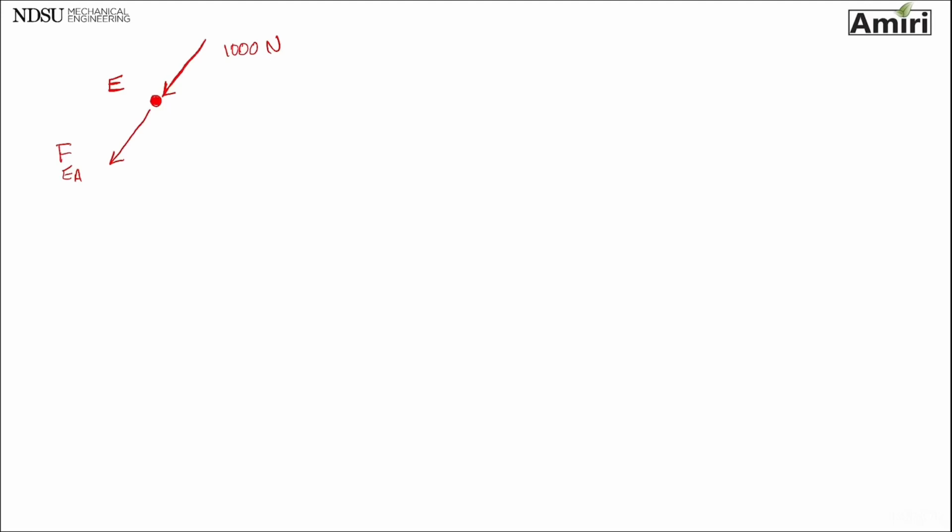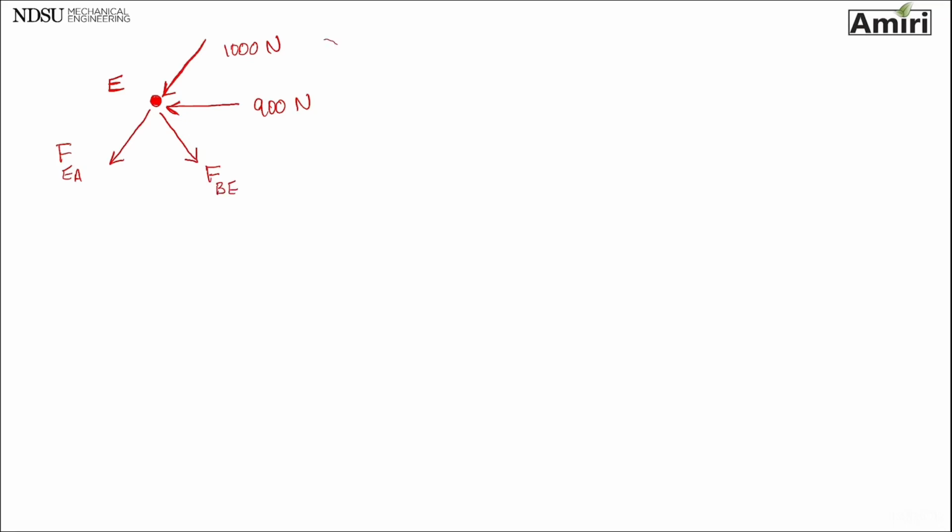Known force CE, and that's compression 900, pointing to the pin or to the joint. And I have unknown force of EB. So it's in the direction of EB. It's unknown, so I'm going to put it in tension.